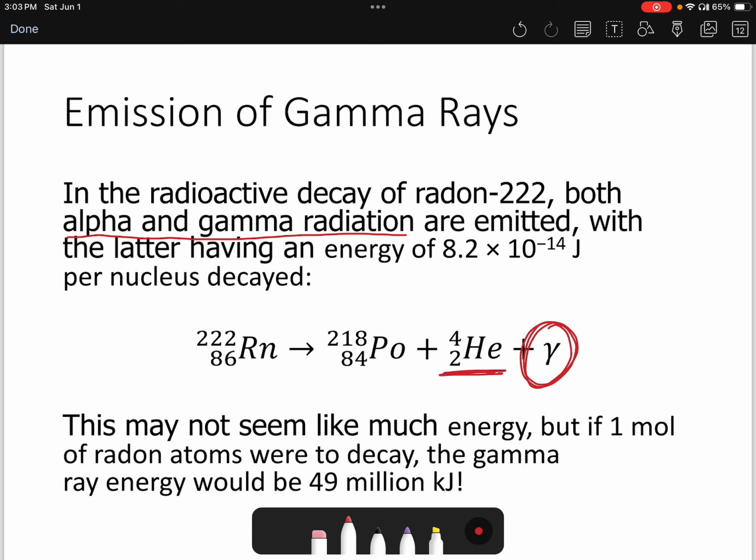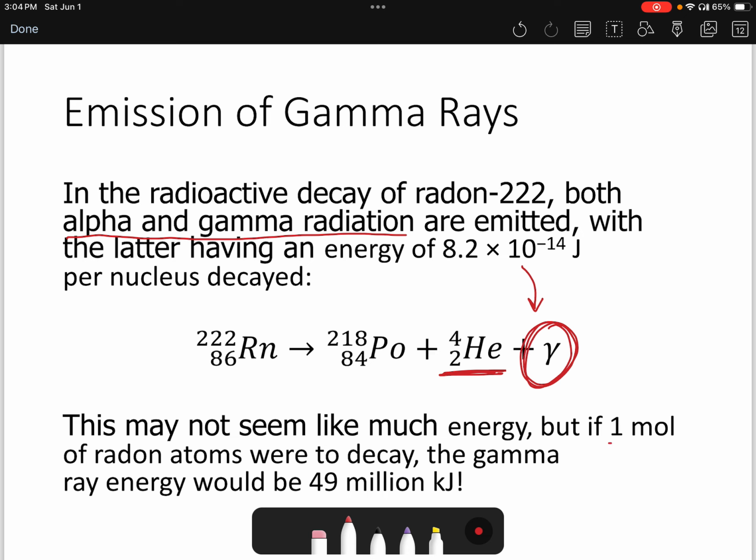So this gamma ray has an energy value equal to 8.2 times 10 to the negative 14th joules per nucleus. So that might not seem like a lot of energy. It's 10 to the negative 14th, which is really, really small.